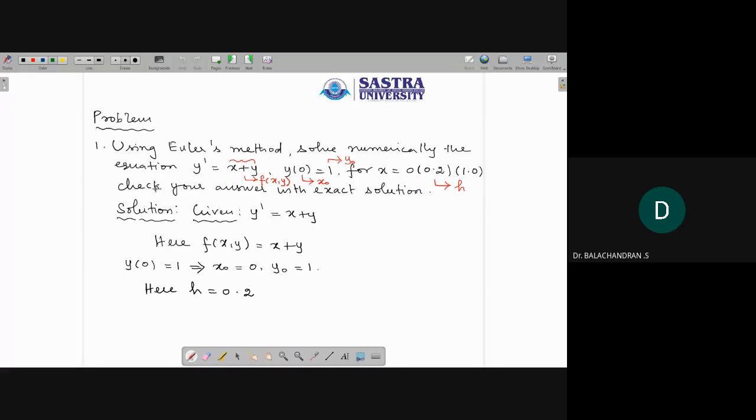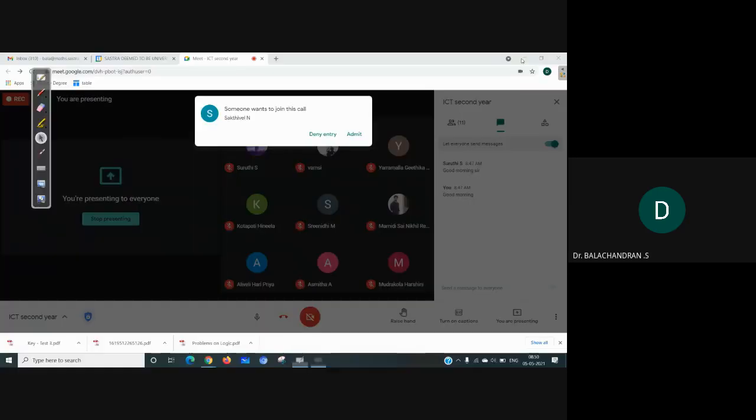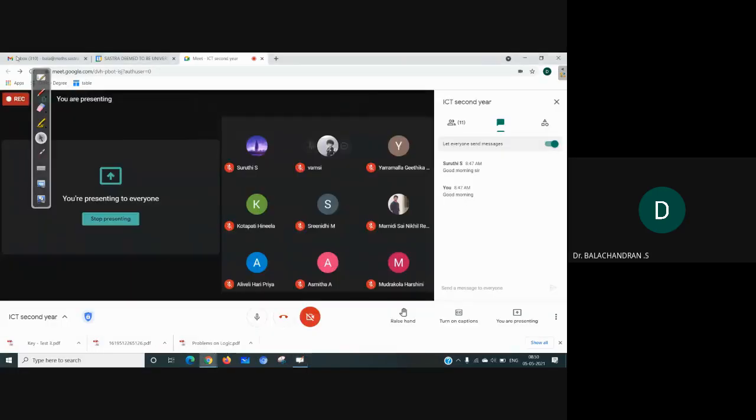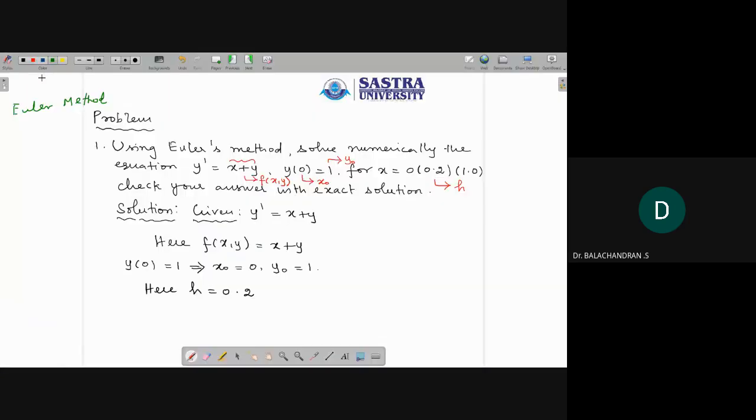Actually, in Euler's method, there are three methods. One is just the Euler method. The second one is the improved Euler method.